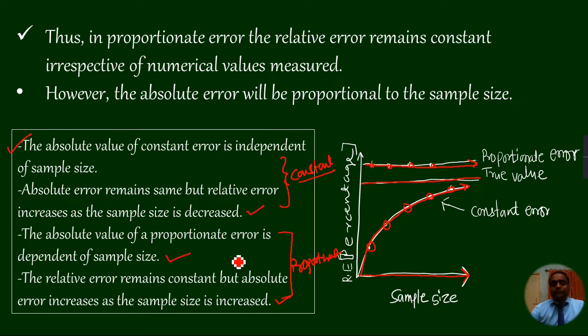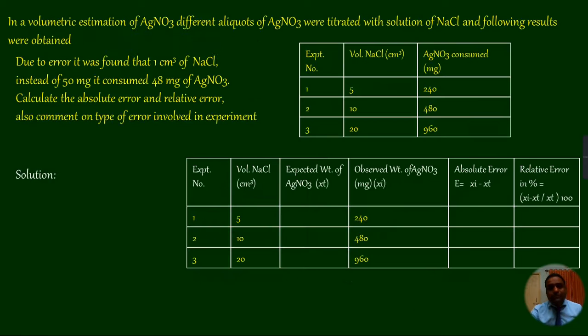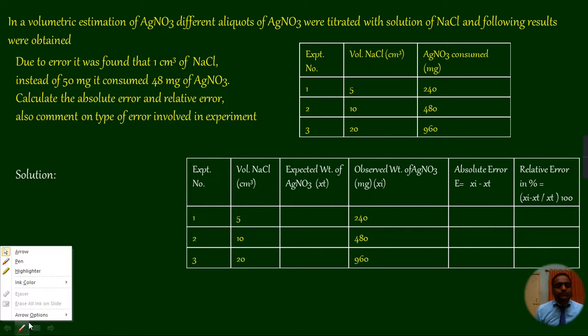Right. Now let's see some examples, because unless you solve the examples, you will not be able to understand what is meant by constant error and what is meant by proportionate error. So for that cause we need to solve some examples.